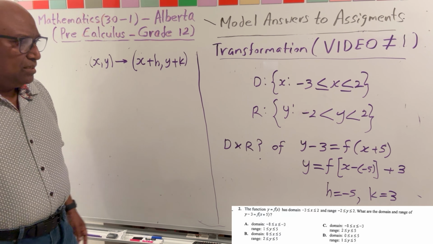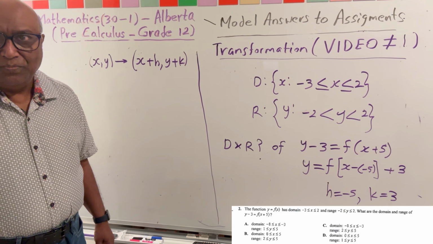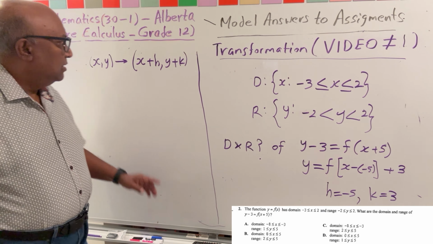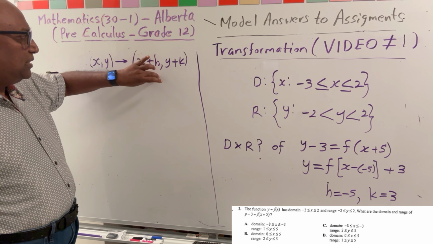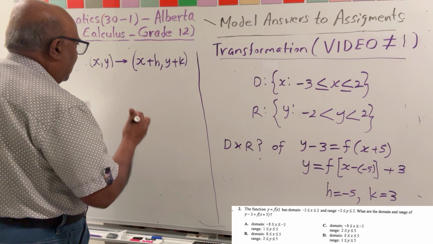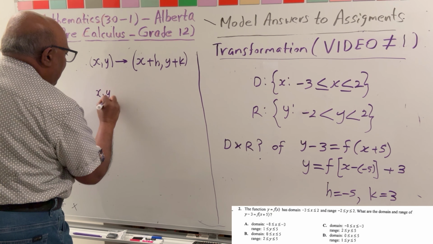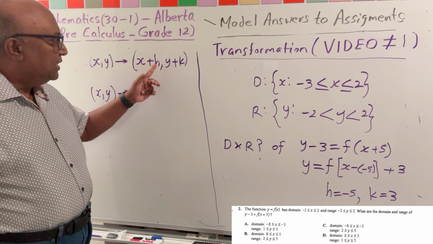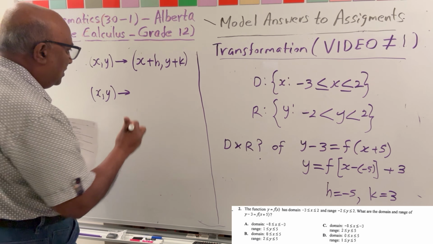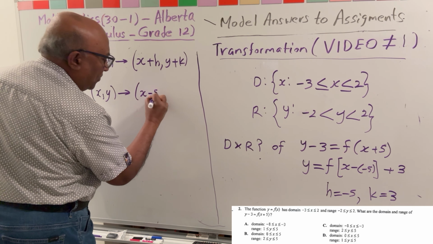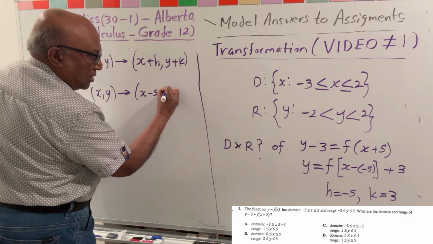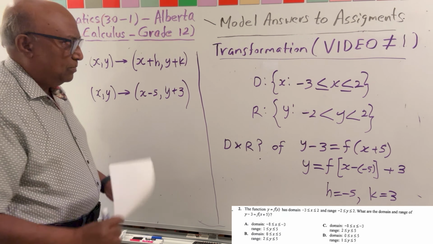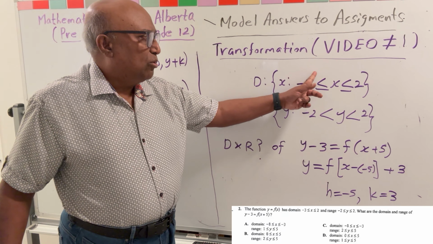If stretch and reflection are not applicable, and only horizontal and vertical translations are applicable, then the original (x, y) value will become (x plus h, y plus k). Let's write this again by plugging in the h and k values. That means (x minus 5, y plus 3). Now you can figure out the corresponding values.